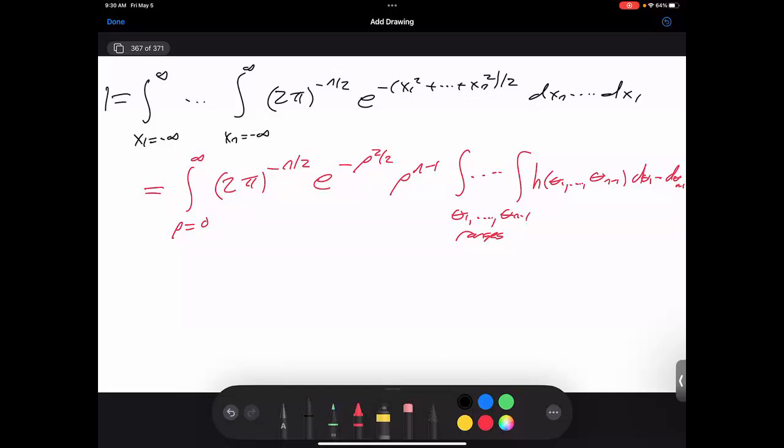Does anybody recognize what we have over here? Does this look like anything you've seen before? It's close to the Gaussian.